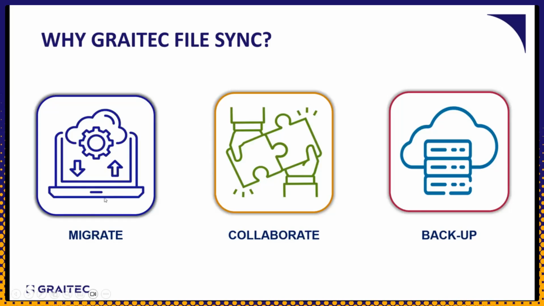But we can also use Graitec FileSync for collaborating on data, with live and automated synchronization to make sure that we keep mirroring the same environment and no project member is working from an outdated version of the document. And lastly, we can also find Graitec FileSync used highly for backup. At the end of the project, you want to back up all data and metadata of your project, and we can use FileSync to back up and mirror your project data.